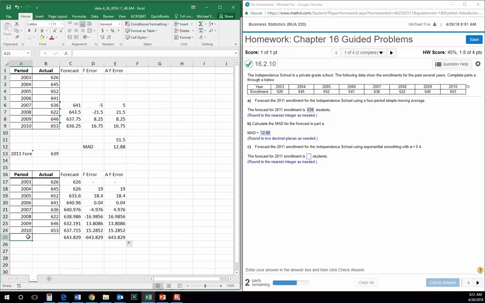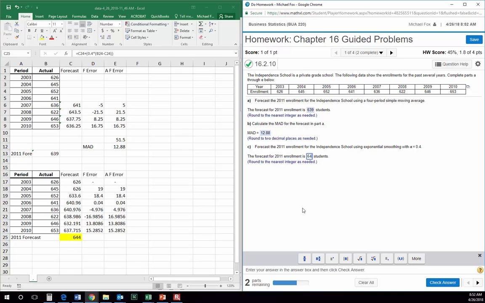This represents our 2011 forecast. You'll see the forecasting error is off because we don't have an actual, so we just delete those. So there's our forecast for 2011. This asks us to do it to the nearest integer, so 644.